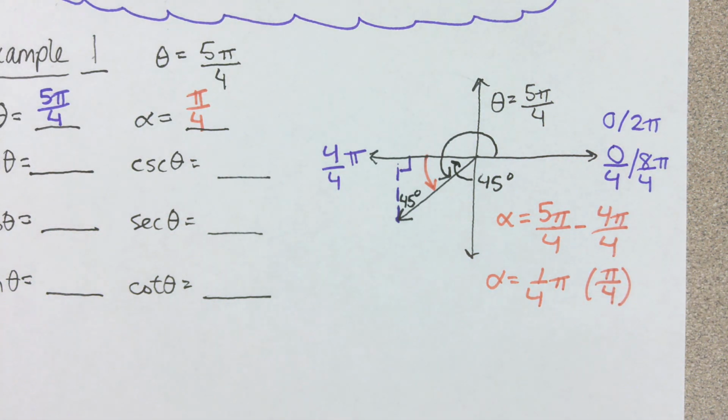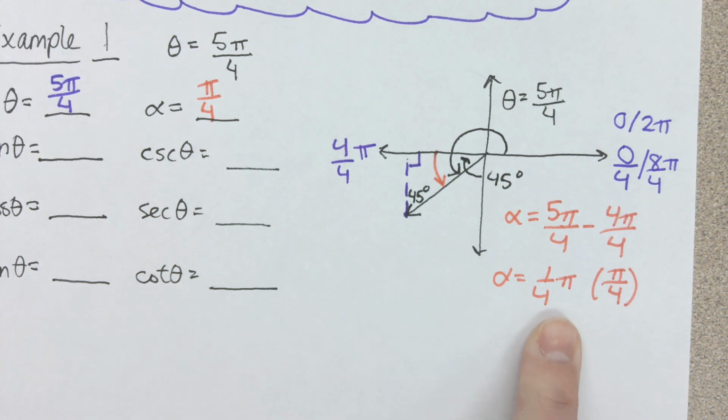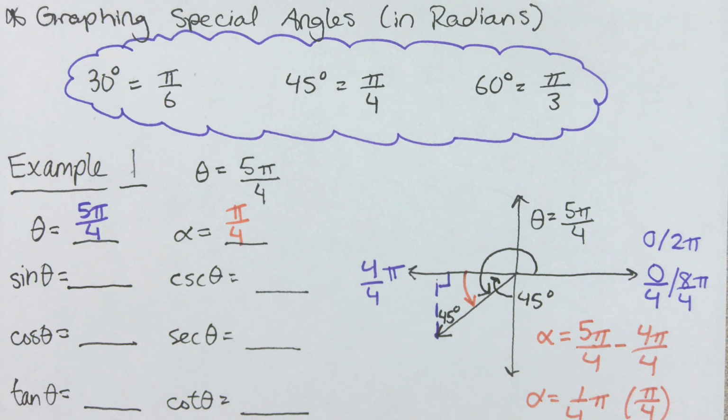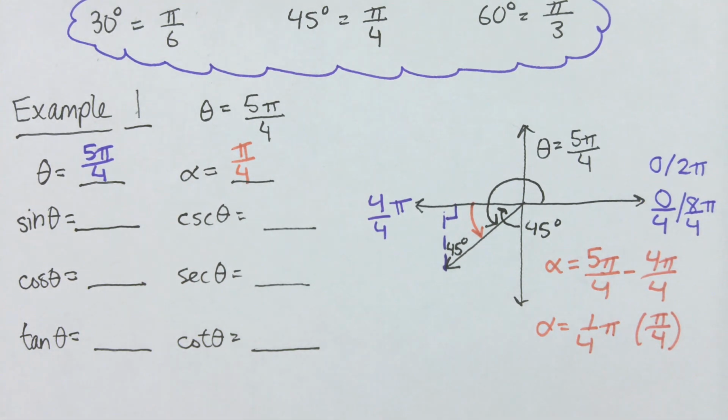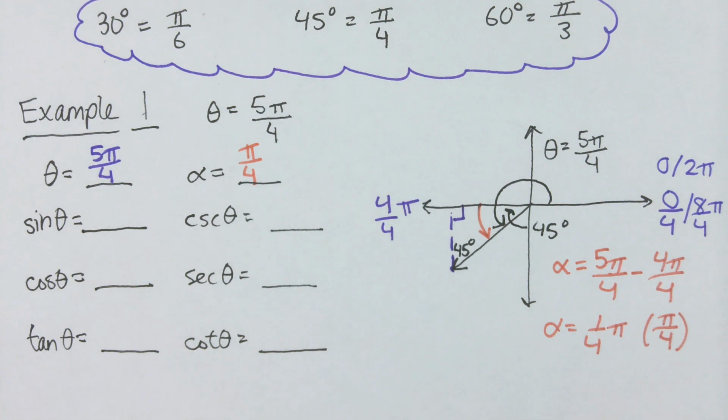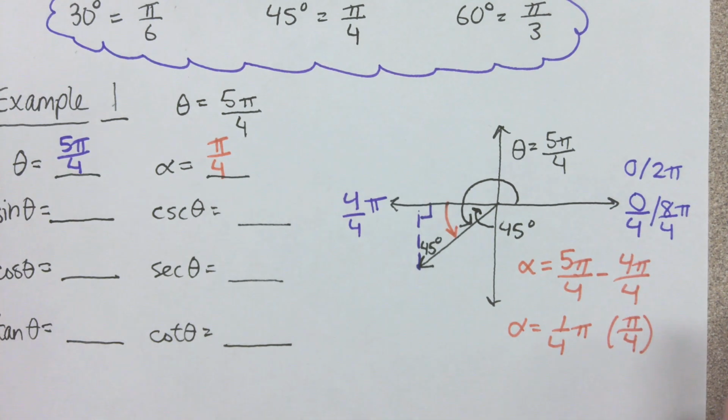It comes from alpha. Alpha's pi over 4, which is 45 degrees. Okay. So, as you can see, we have a 45, 45, 90 triangle.